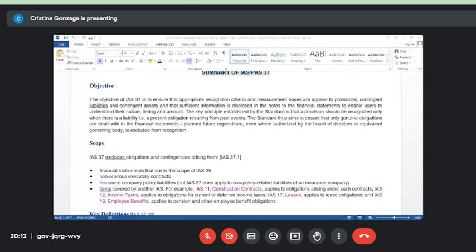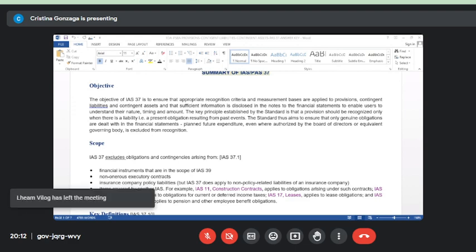Okay. So, when do we recognize a provision? There are conditions that must be met. The first condition is that the enterprise has a present obligation. And that present obligation may be legal or constructive.